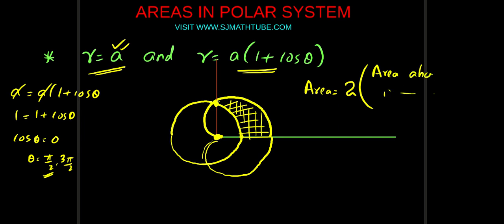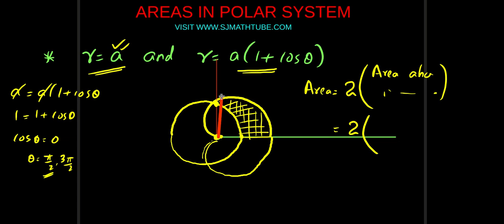Okay, and that will be 2 times, if you consider the cardioid, you're going to get this much area. I'll draw that for you with the help of a vector. You'll get this much area. If you use the cardioid, you'll get this much area. I think you're able to see the area moving.